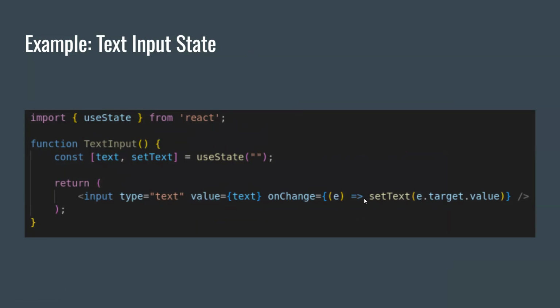In order to provide state, we're importing useState from React and setting the initial value of the text state to be an empty string, and this returns the current state and a function to update it.